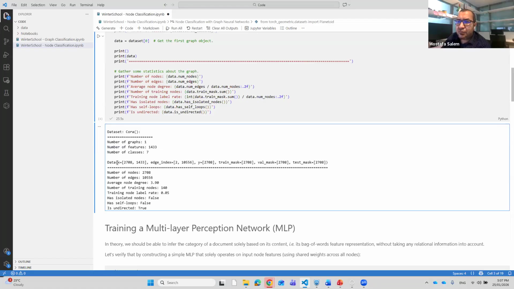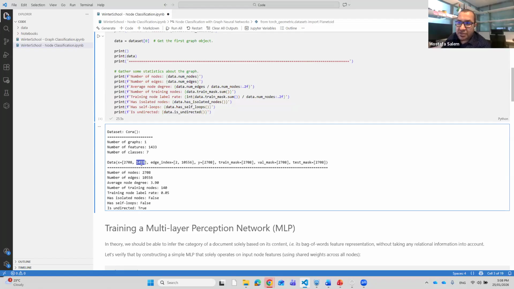If you remember, I want to store the features for each node in the matrix called X. So X has 2,708 rows and 1,433 columns. So I will have 2,708 nodes in this graph, and each node will have 1,433 features.